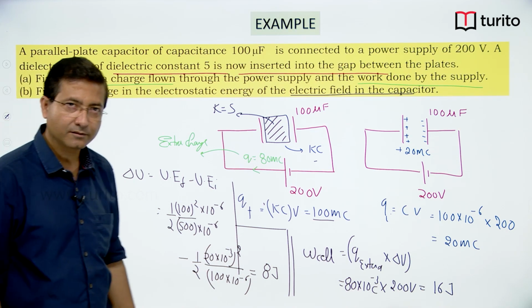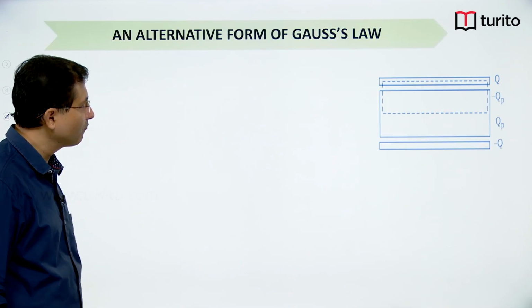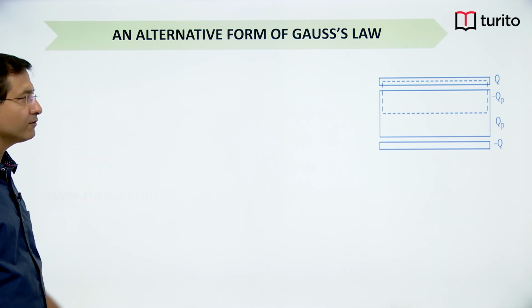So these two points are clear. Let us move to the next one. Now, see, the alternative form of Gauss law.